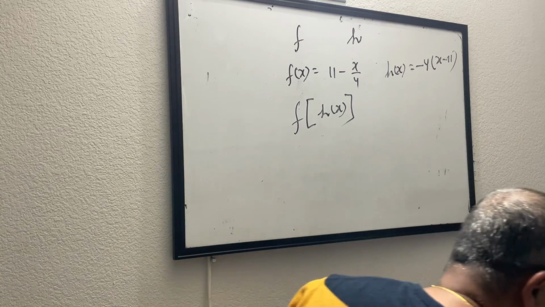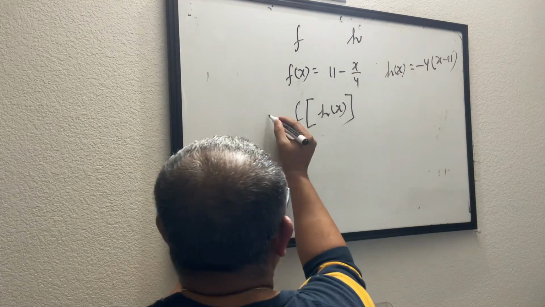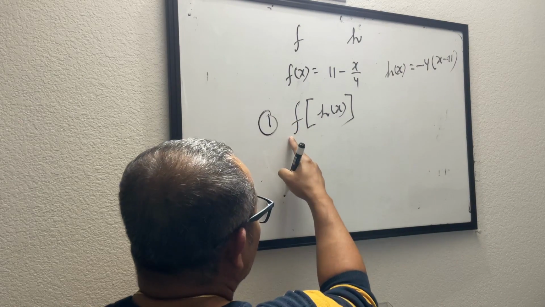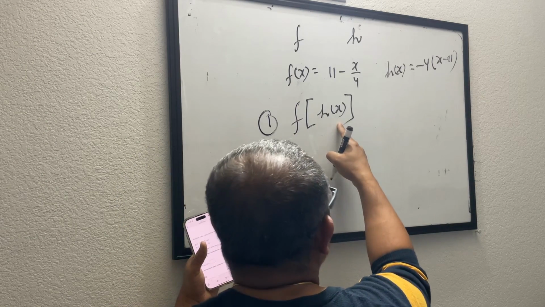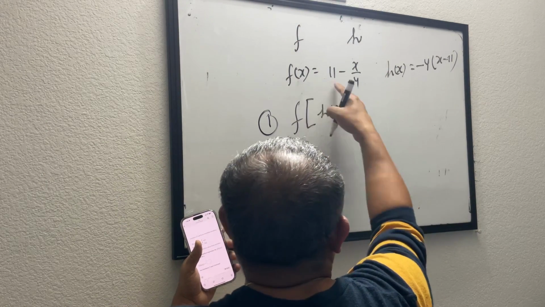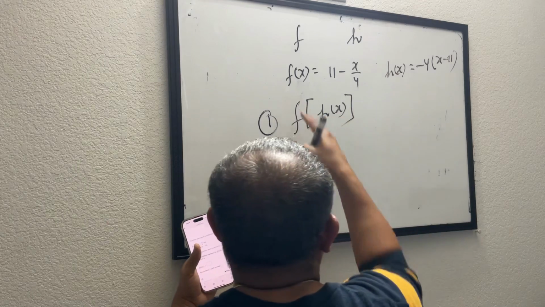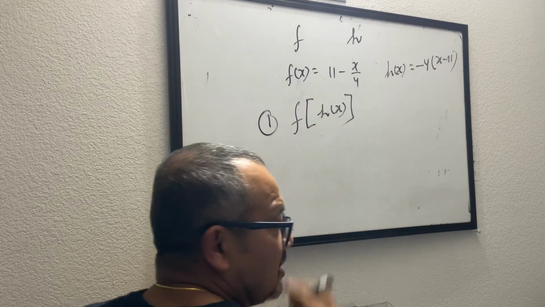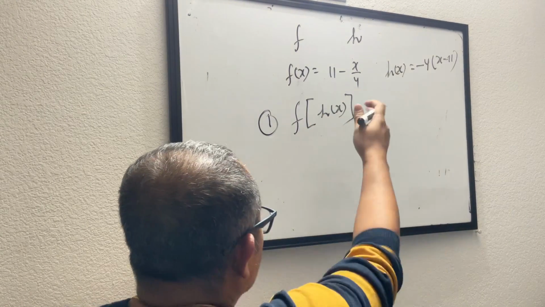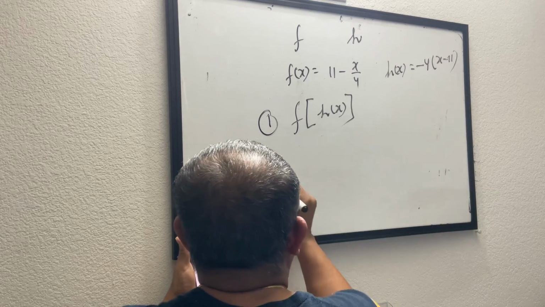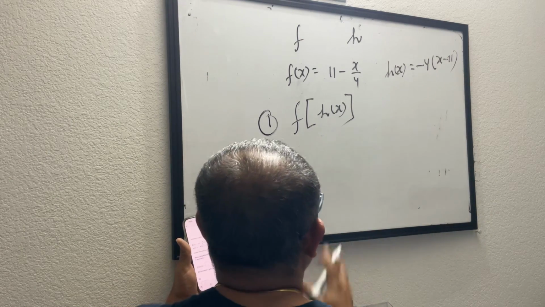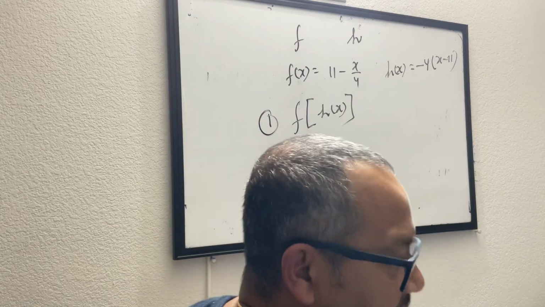First part of the question is write expression for f of h of x. That is one. So you know f of x, you know h of x. It says find out f of h of x, the composite function. The expression for that in terms of x. And second thing is, it says, are these inverse?